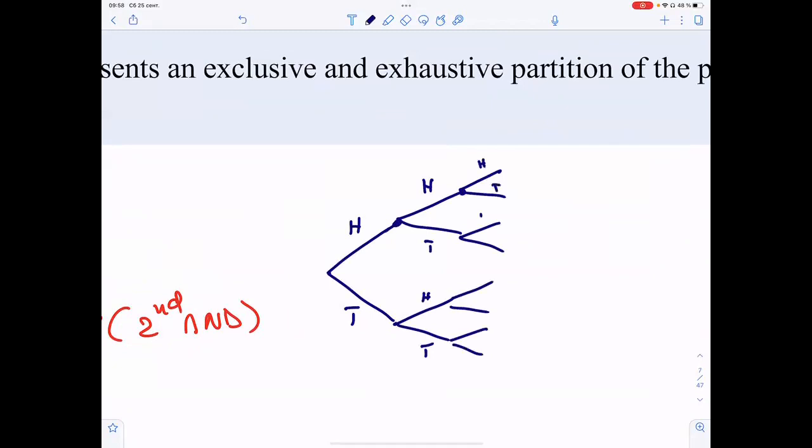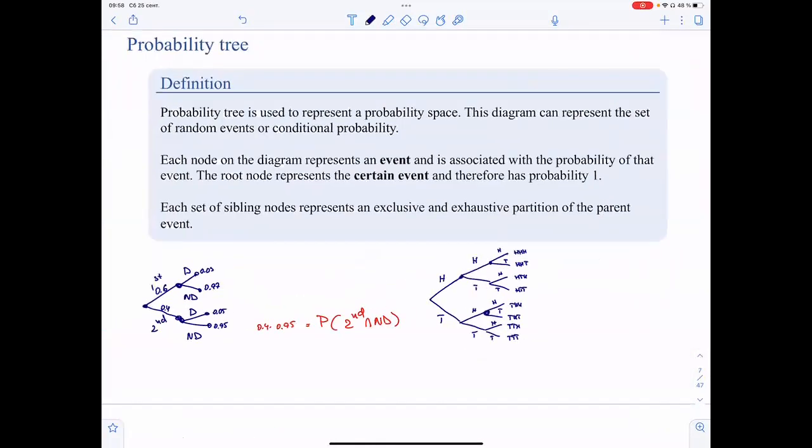Head, tail, head, tail, head, tail, head, and tail. So here you have double head and tail, head, double tail, double head, tail, double tail, triple tail.